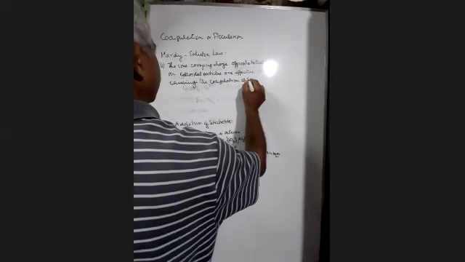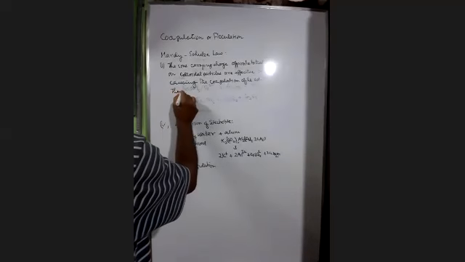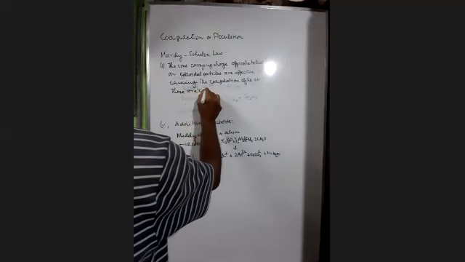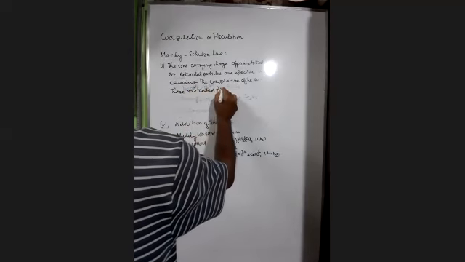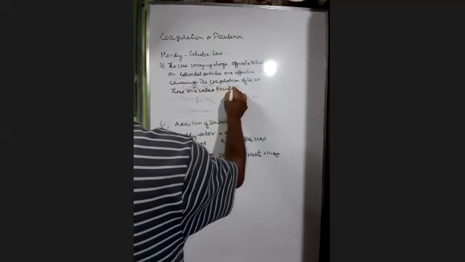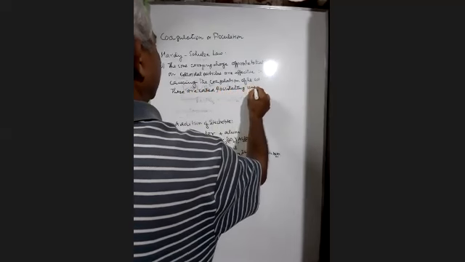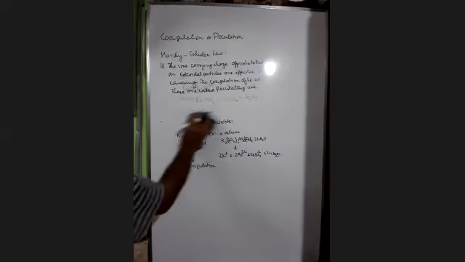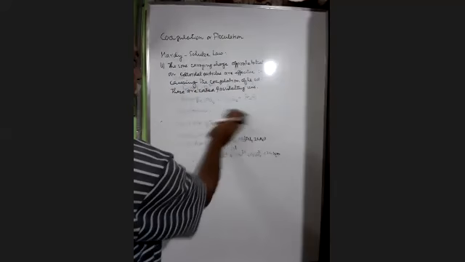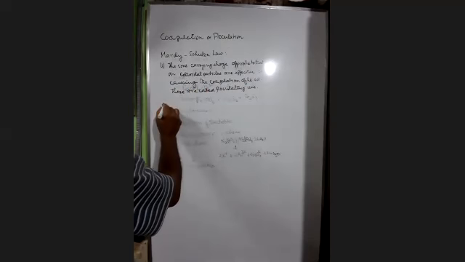Coagulation of the sol. I told you we do not call it solution, we call it sol. These are called flocculating ions. This is the first one. That is the second.